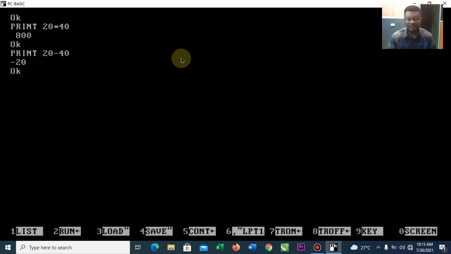You see, now it gives you a minus, because we have to enter 20 first. All right, the next one, print 20 divided by 40. Now it's giving you 0.5. As you can see, 0.5, because 20 minus 40 is different from 40 minus 20. 20 divided by 40 is different from 40 divided by 20.